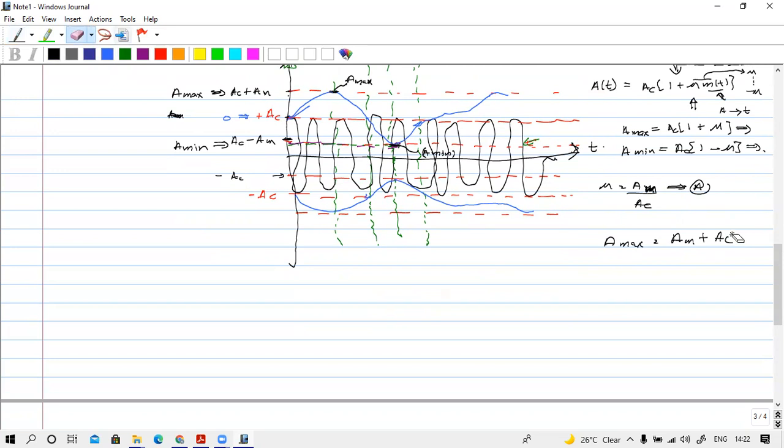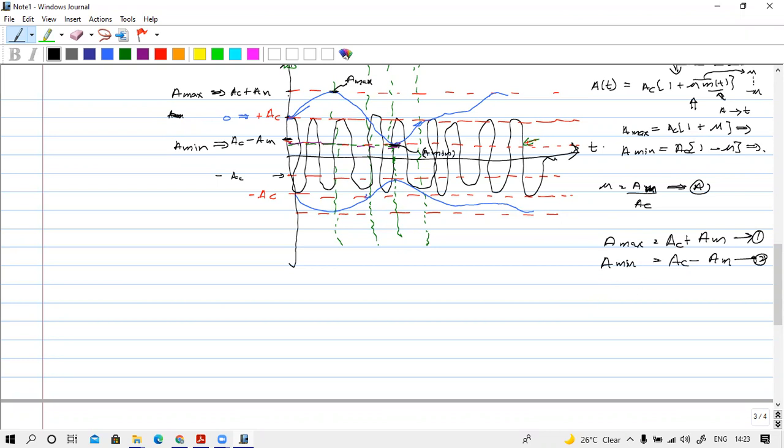I will write it, changing the position, A_C plus A_M. A_C times (1 plus A_M by A_C) gives A_C plus A_M as the maximum signal. And for the minimum signal, in the same way, A_C times (1 minus A_M by A_C) gives A_C minus A_M. So this is the minimum amplitude.